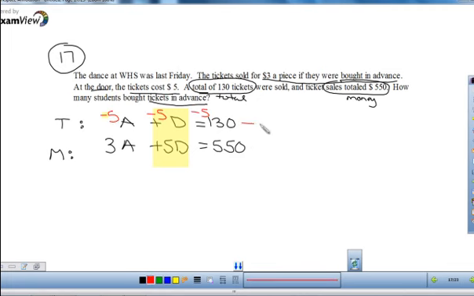So negative 5 times a will give me negative 5a minus 5d equals negative 650. Okay, bottom stays exactly the same.